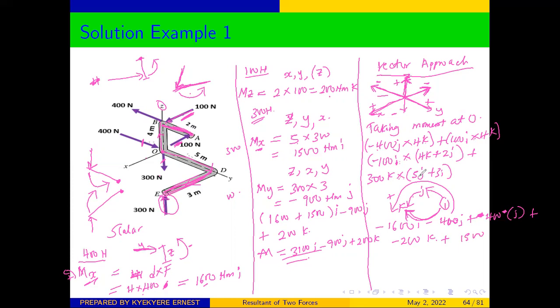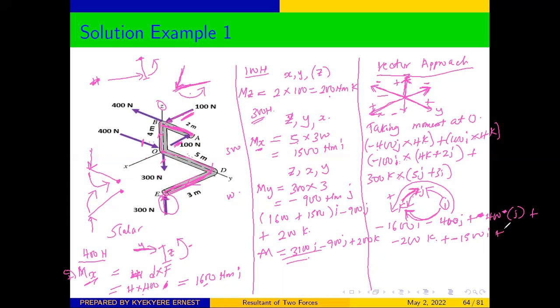We have k cross j, which will be in the clockwise direction, which will give us negative i.